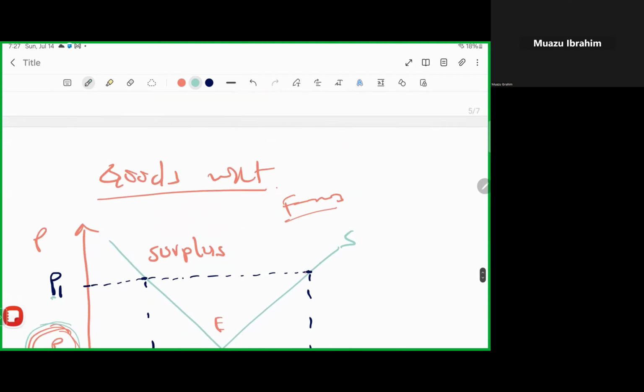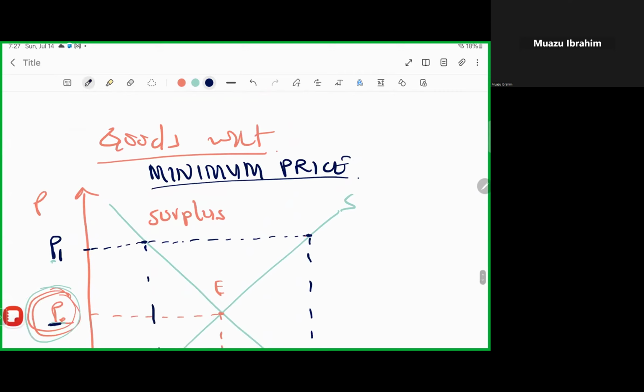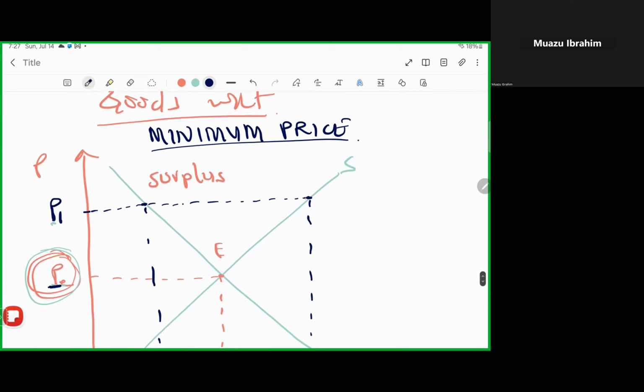This is the effect of a minimum price. It becomes illegal if you trade below this particular minimum price.